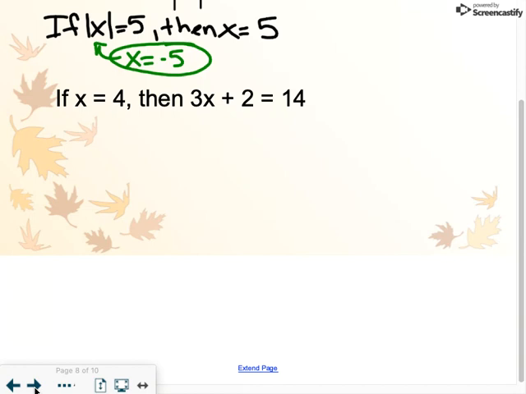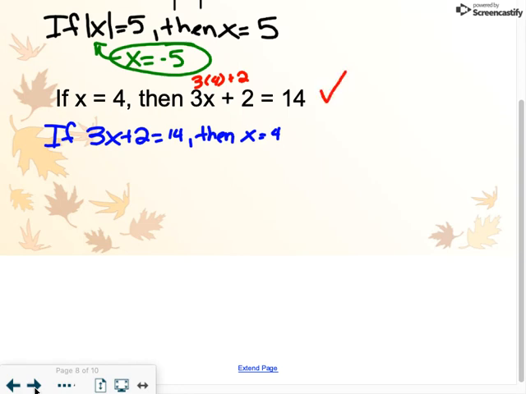Now we check this one down below. We're going to rewrite this as if 3x plus 2 equals 14, then x equals 4. So we check to see if these statements are true. So if x equals 4, then 3 times 4 plus 2 has to equal 14. That is true. And now we go the opposite way. If 3x plus 2 equals 14, then x equals 4.